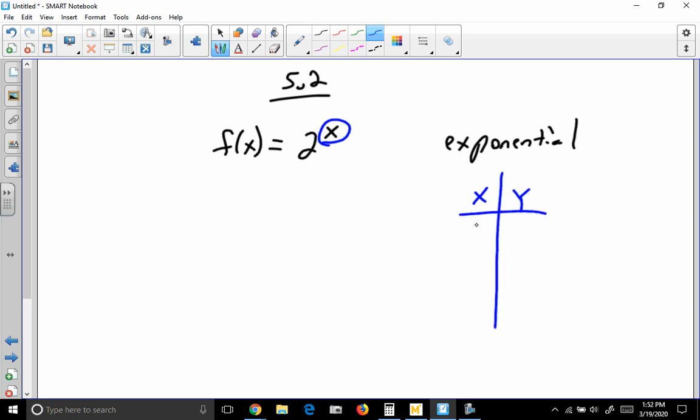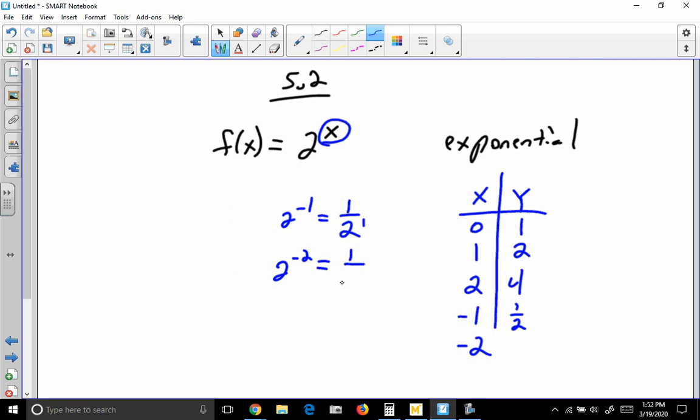If we substitute a 0 in for x, 2 to the 0 power is 1, 2 to the first power is 2, 2 to the second power is 4, and let's also put some negatives in. So 2 to the -1 means 1 over 2 to the first, which is 1/2. 2 to the -2 power means 1 over 2 to the second, so 1/4.